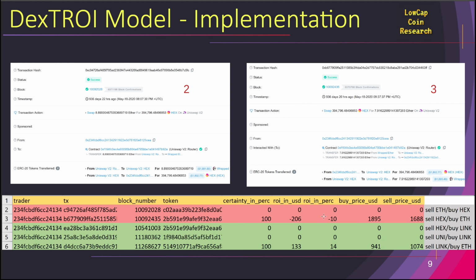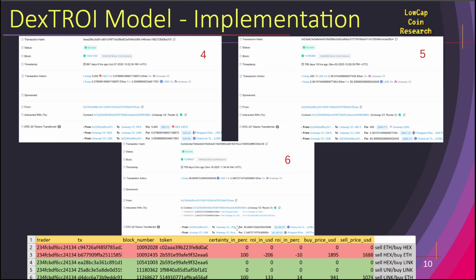And now let's look at the last row, and this picture here. Here the trader sold 86 LINK tokens. These are exactly the tokens he bought in the last 2 previous transactions. So here in this transaction he bought 83 LINK tokens, and in this one 3.5 LINK tokens. And that is why the certainty is 100% here.